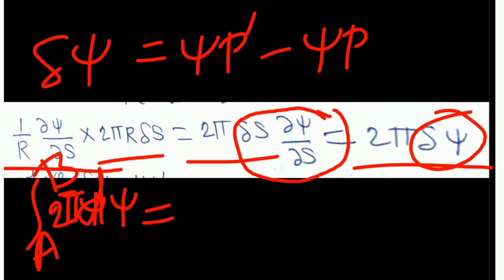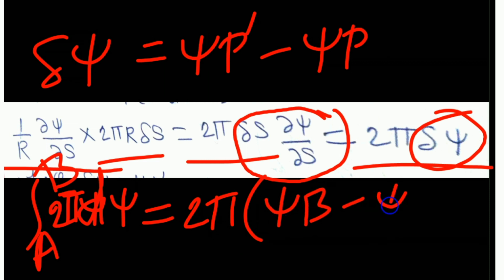Integrating this, we get 2 pi into psi B minus psi A. If we take psi A equal to 0, then the volume crossing the surface of revolution of the arc AB about OZ per unit time from right to left is 2 pi psi.